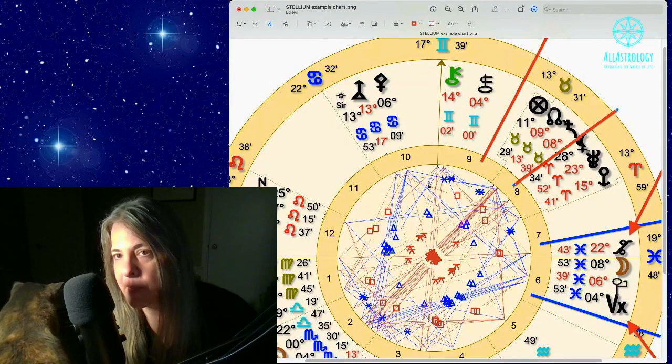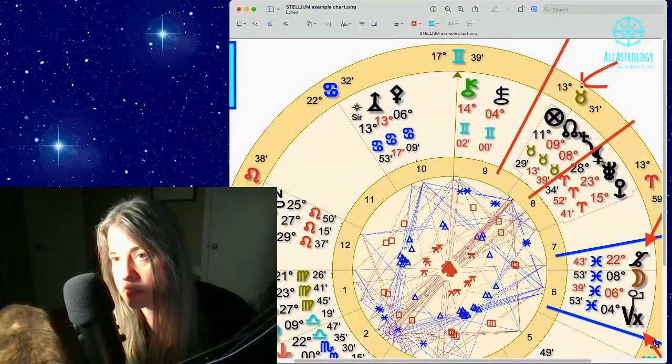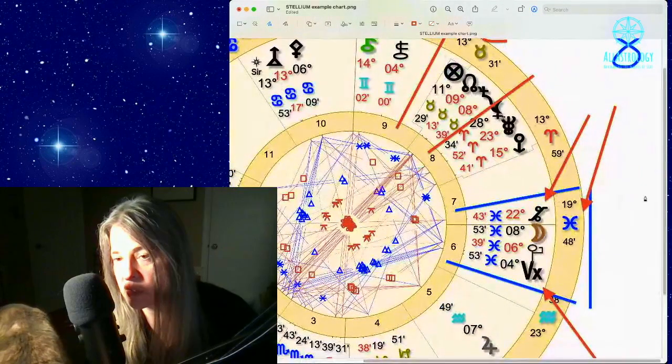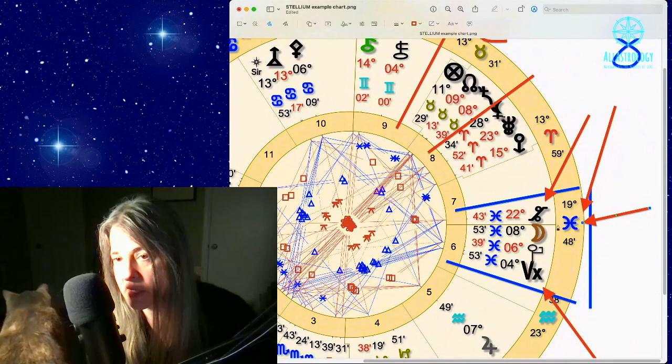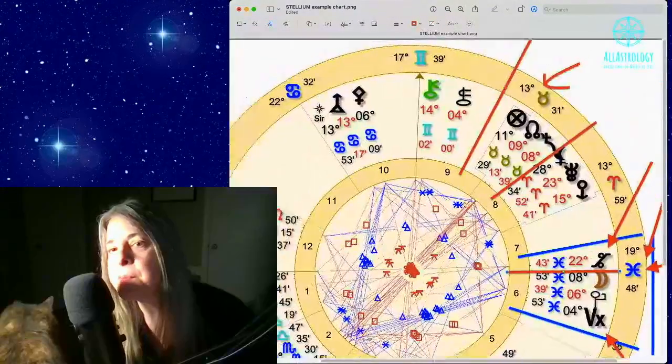You see that? And it includes a house cuspline again, just like it did on the descendant, which is relationships, marriage, and partnerships. Right there. That's a descendant, and that is that house cuspline. The descendant is the same as your 7th house cuspline. For those of you that didn't know that, there you go.